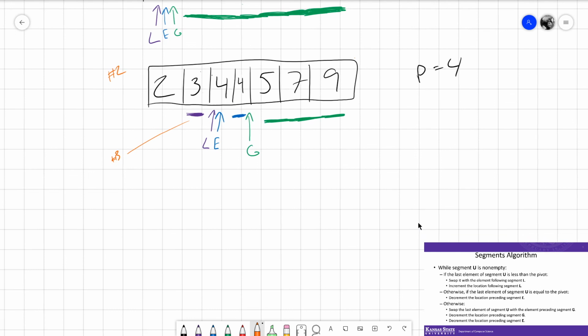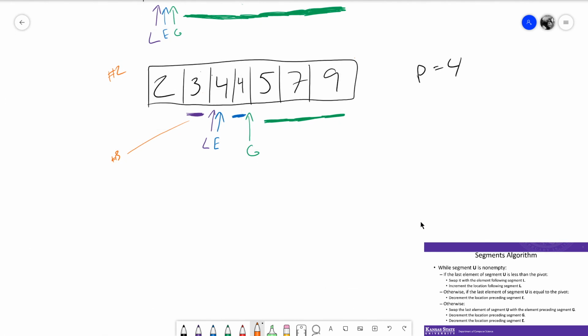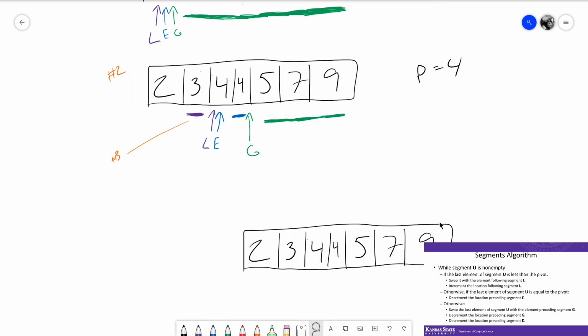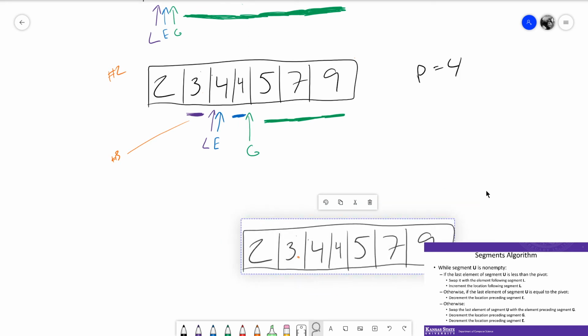Since that one is already in sorted order, I'm not going to walk through that. But I will walk through the greater than segment since it has more than one element. And so we need to move this.